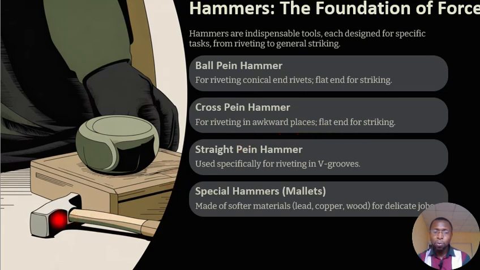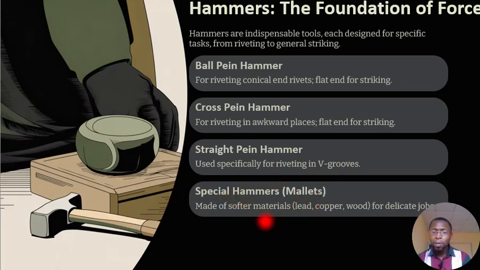This is a sample of a flat end of a hammer. This is not a cross peen hammer, but at the back there is a flat peen part. The hammer has two parts. So the other side there is the flat end. All right, we have the straight pein hammer too. We use it for riveting in V grooves, and we have the special hammer known as the mallet.